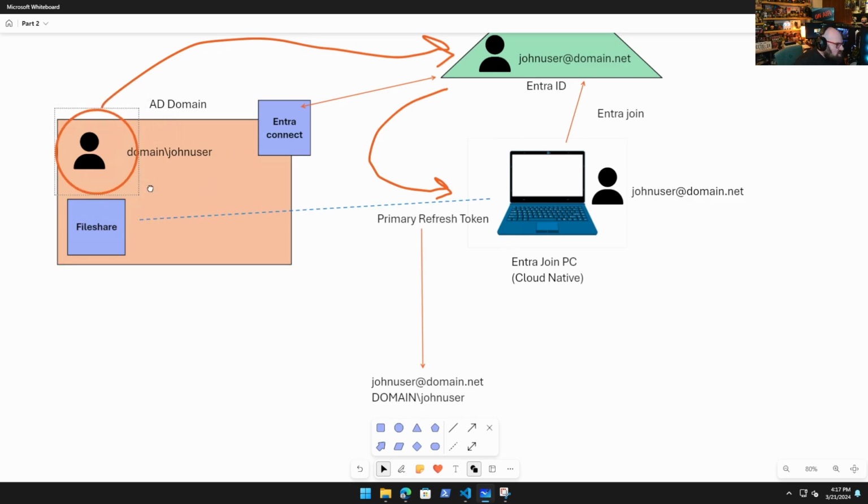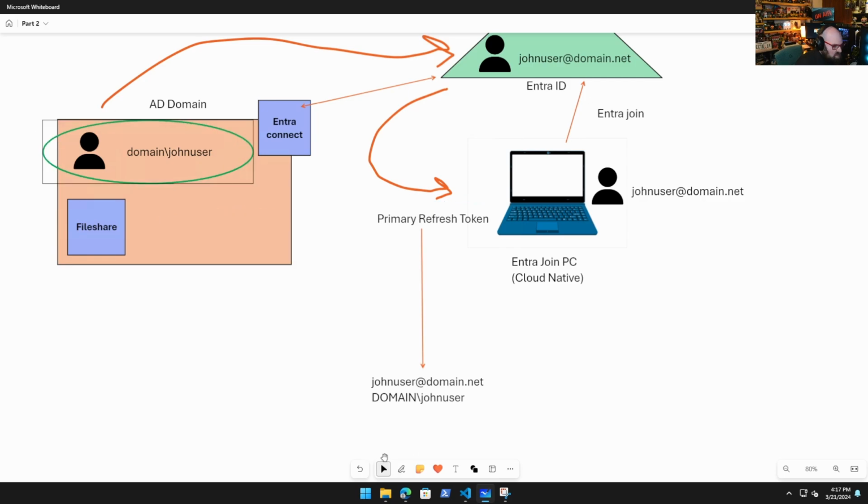So when I authenticate back to the domain, the PC says, hey, you don't know me as a PC, but I'm domain /John user, so I have access to this file share. It doesn't matter if I'm not on a domain join PC versus an Entra join. That's the point of the primary refresh token. It gives the device that knowledge to come in with, so it kind of just passes it through.